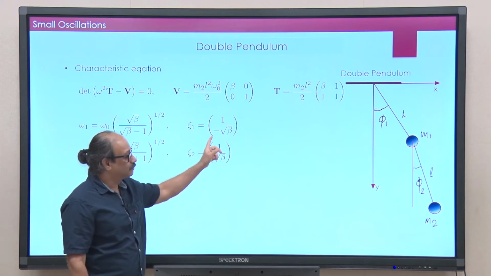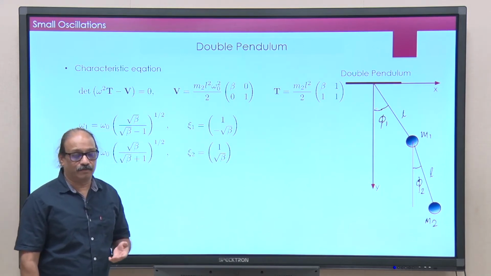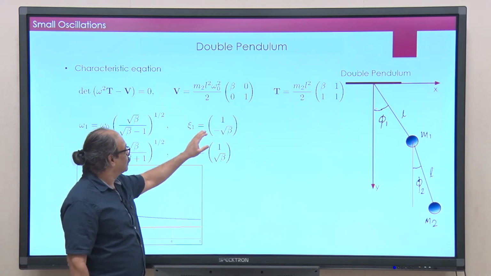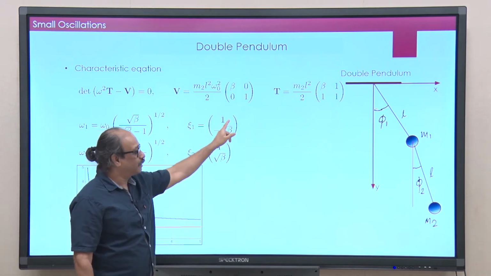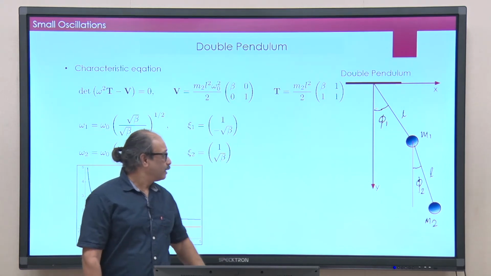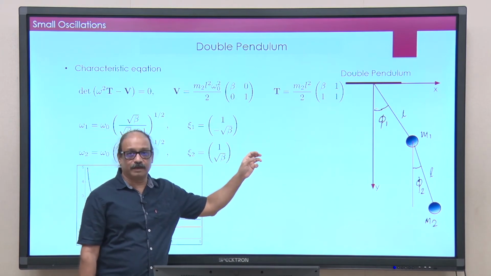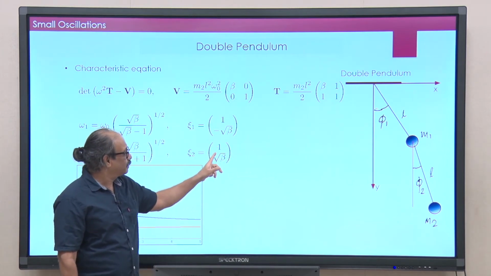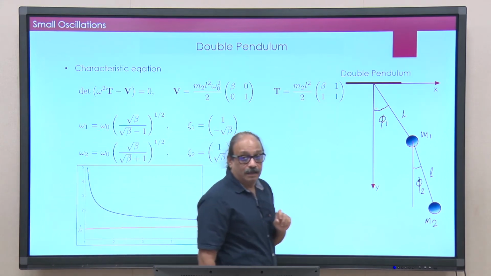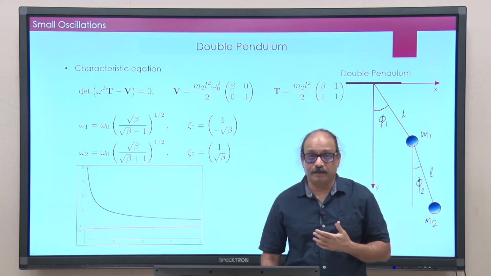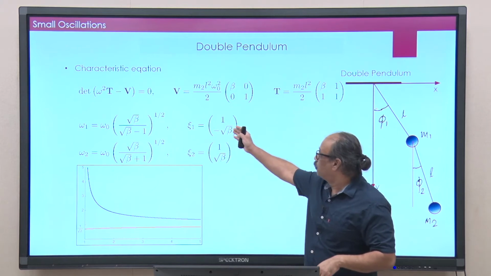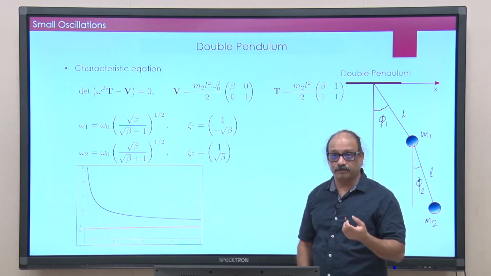Once you have this, the two solutions are very obvious, okay, and the two solutions are basically this matrix multiplied by cos of omega 1 times t and this matrix into cos of omega 2 t. And you can immediately see that because of this sign, what will happen if this double pendulum is set in motion only in the first eigenmode, first normal mode of vibration?